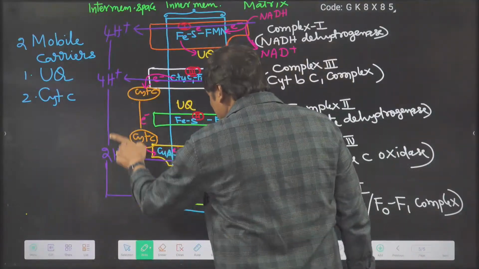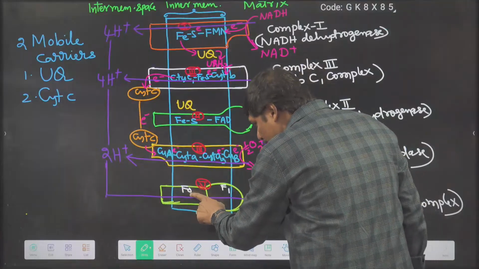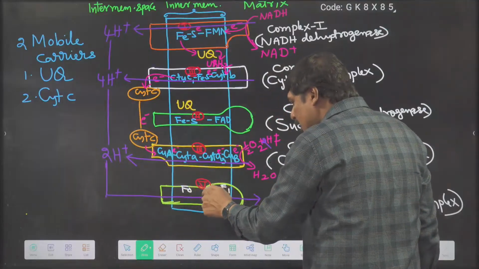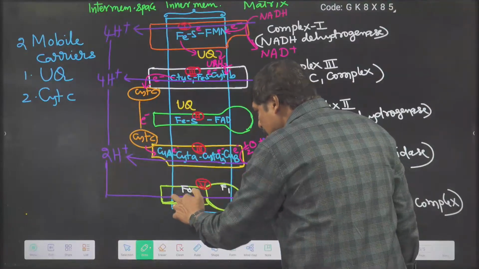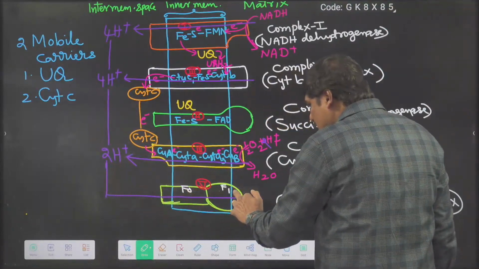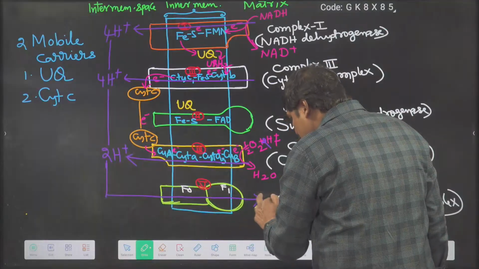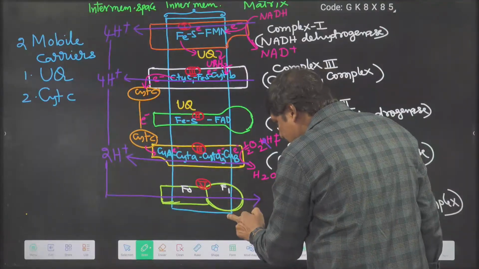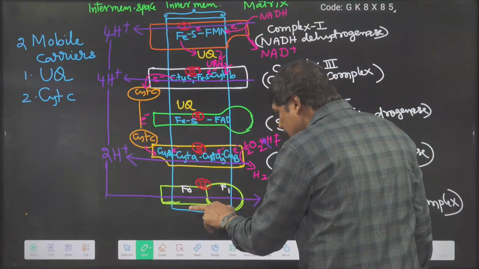First, these protons move into the F0, called the transmembrane channel or proton channel, and from this F0 the protons pass into the matrix through the F1. F1 is the head, F0 is the tail.